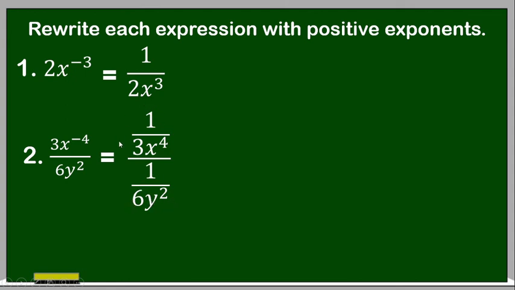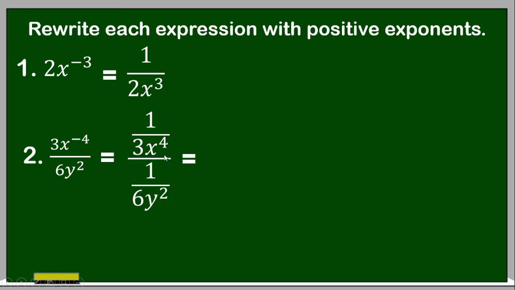The numerator, 3x raised to negative 4, has the reciprocal 1 over 3x to the fourth power. And the reciprocal of the denominator 6y squared is 1 over 6y squared.